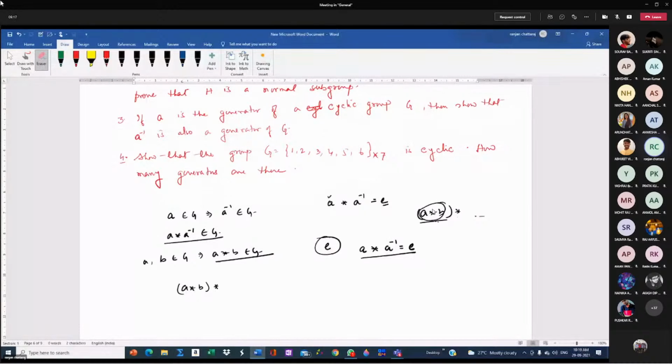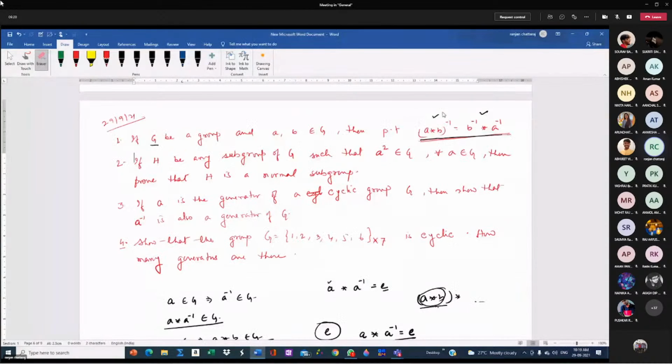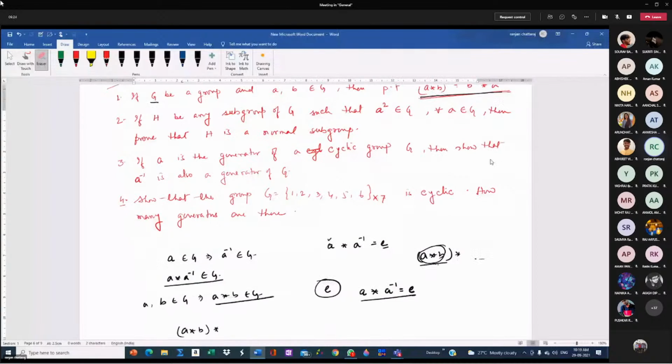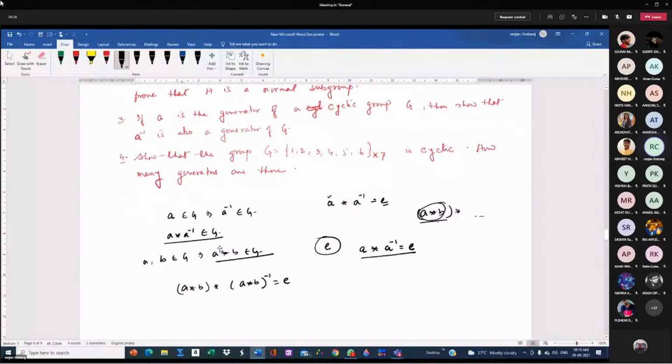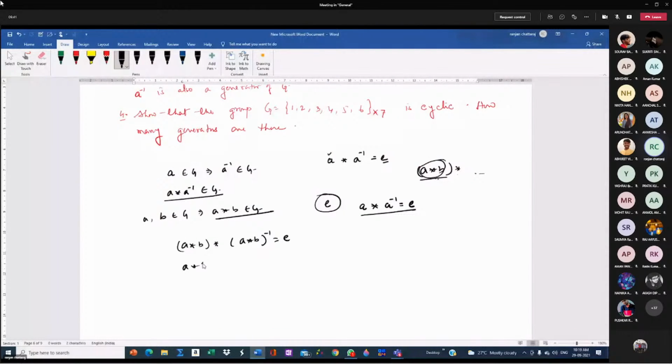What we have to show is that, instead of this, we write it because this inverse is E. If it is possible to show that A asterisk B asterisk B inverse asterisk A inverse is E, then since A, B belong to G, A inverse and B inverse belong to G. The composition of these two with respect to this binary composition comes to E. That means this element is equal to this element.